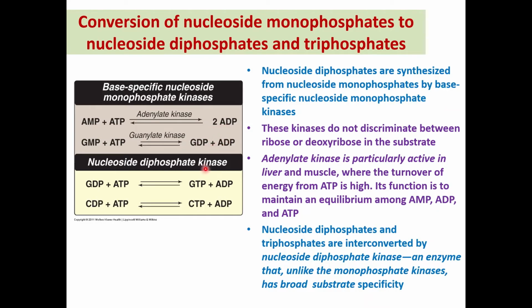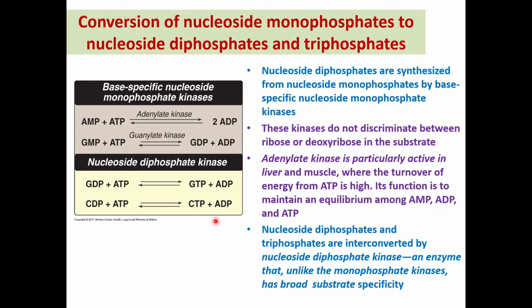Diphosphate kinases convert GDP to GTP or CDP to CTP. So now we have AMP, ADP, ATP, and GMP, GDP, and GTP with us.